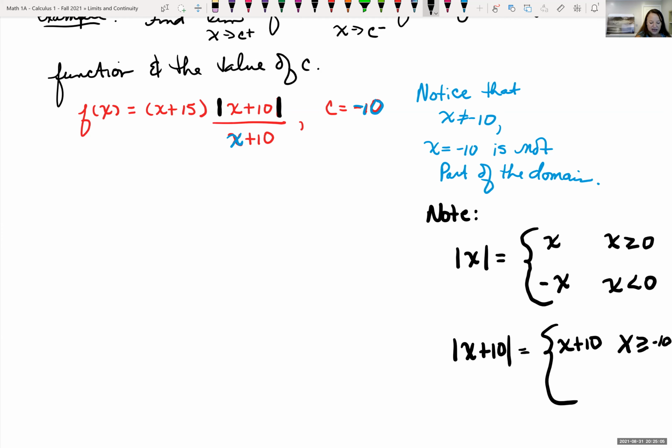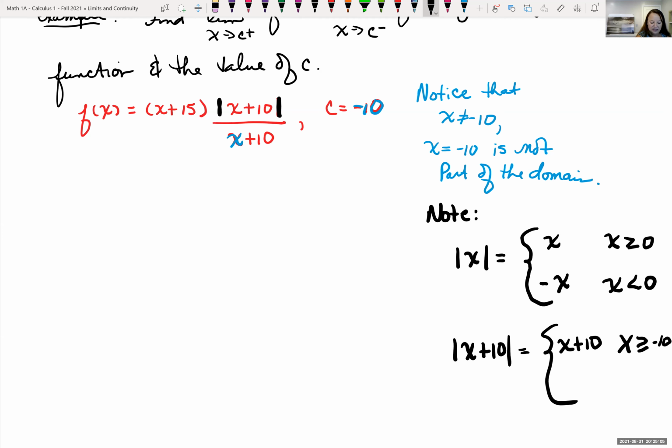If I plug in a number that is less than -10, just less than, not equal to, so for instance -11, that's less than -10. If I plug it in here, that would give me the absolute value of -11 plus 10, which is just the absolute value of -1, which is 1.